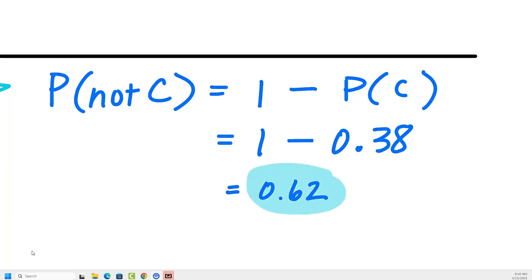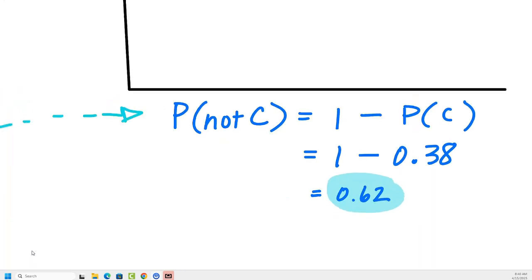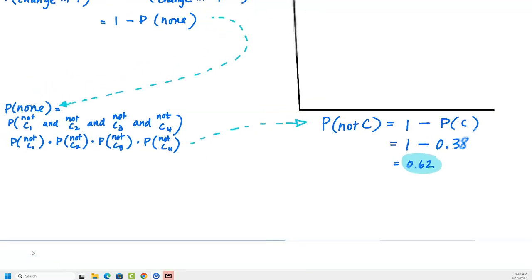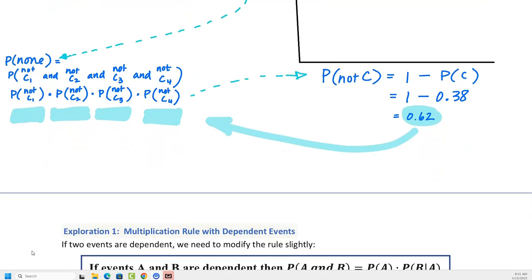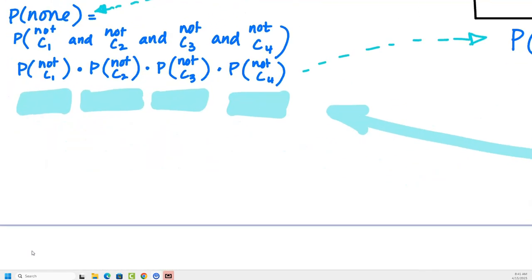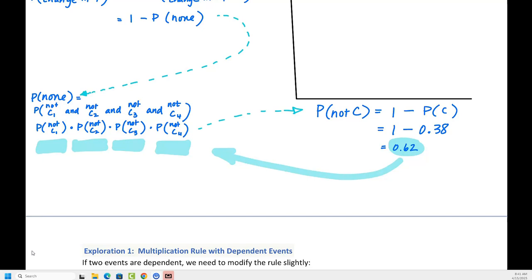So I'm going to take that value right here, right, and I'm going to stick it into these 4 locations here, right? Okay, so that's that 0.62.